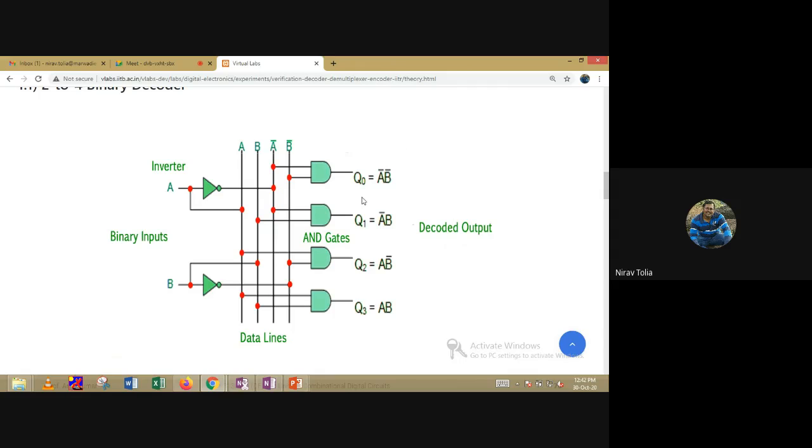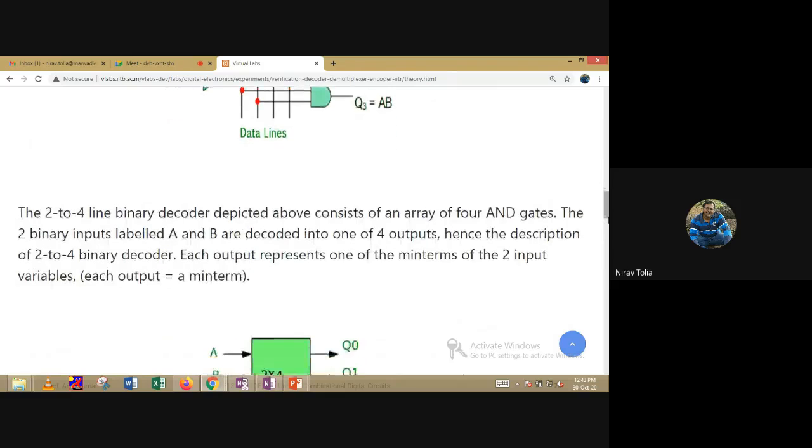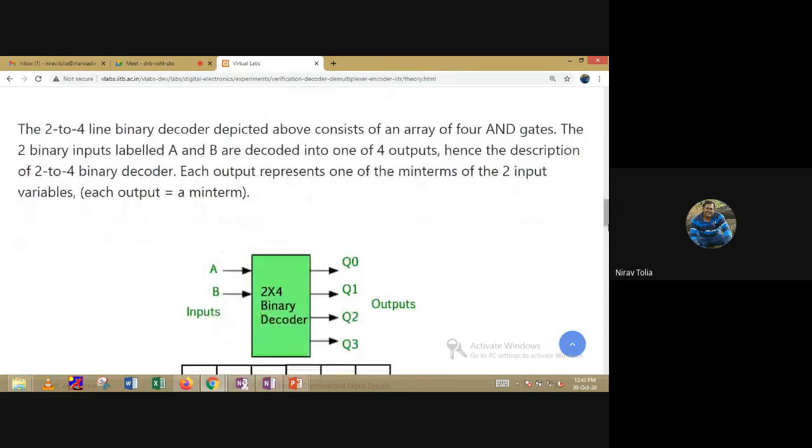For Q0 the equation is A bar B bar. For Q1, it is A bar B. For Q2, it is A B bar, and for Q3, it is AB. So this is the block diagram of the 2-line to 4-line decoder.